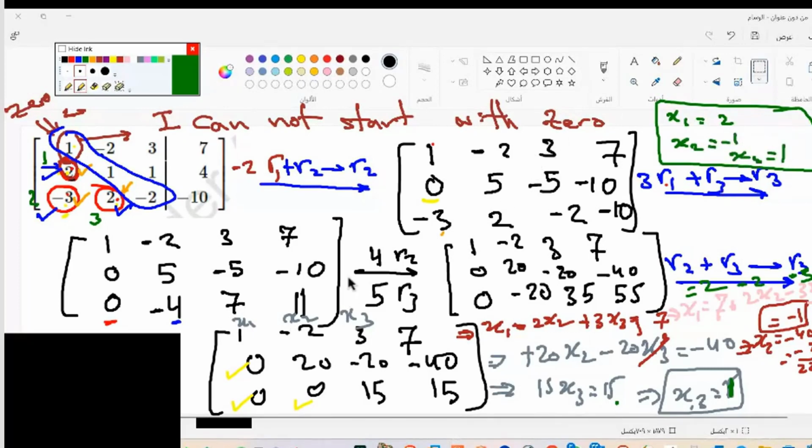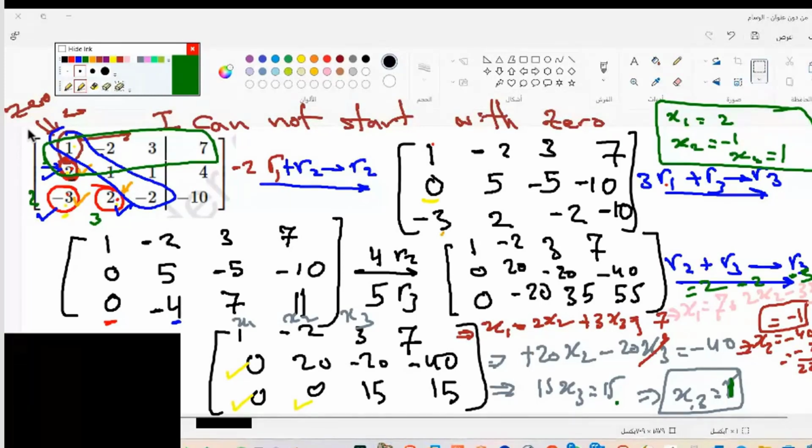So let's return to our formula to check. x1 with 1, so 2 with 1, it's 2. 2 minus 5, minus 2 with minus 2, it is minus 4. 3 with 1 is 3. You have to verify from this one, or put these numbers in the formula and check if it's correct or not. So x1, 2 with 2. I guess we have to check. But if there is any mistake in numbers, excuse me, I guess it's easy for you. That's hard. So forgive me if there is any mistake in the numbers.